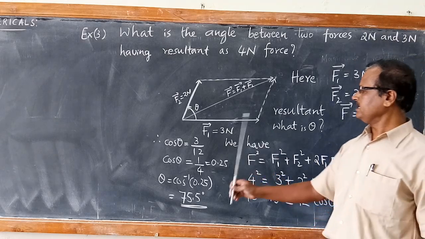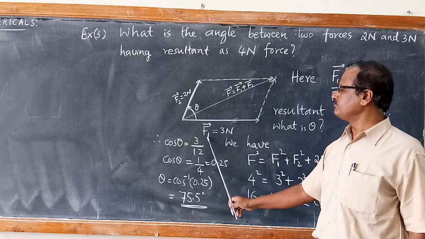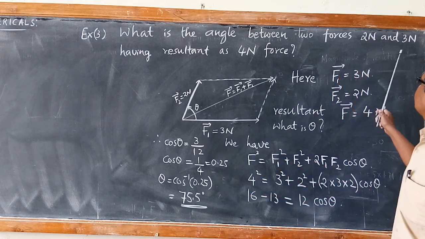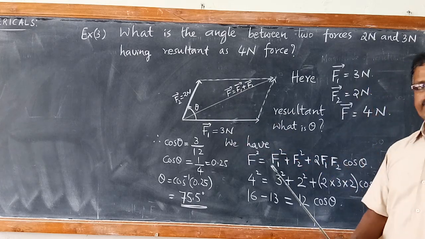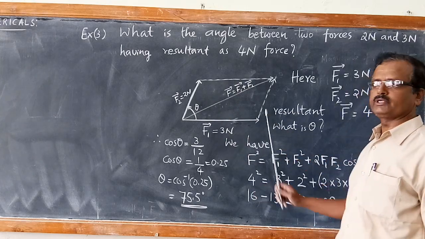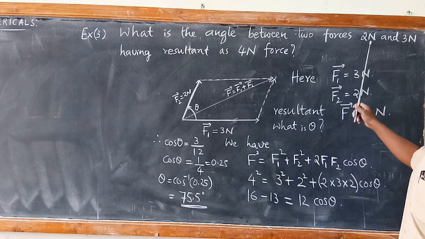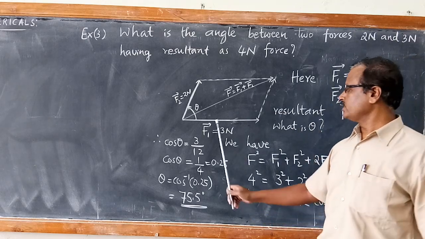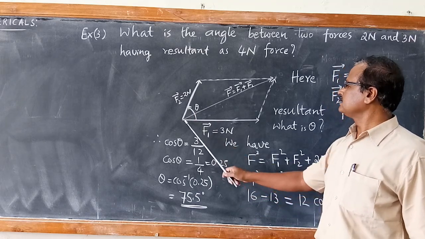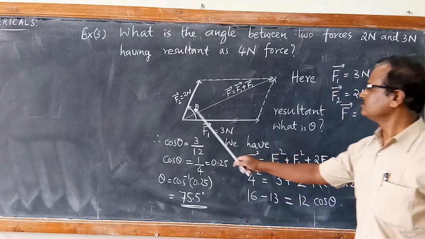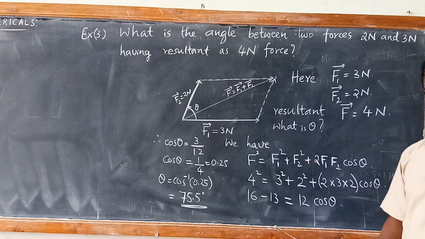So let me take vector F1 as 3 Newton and vector F2 as 2 Newton. You can even take vector F1 as 2 Newton and vector F2 as 3 Newton, no problem. The resultant F is obtained by constructing a parallelogram.